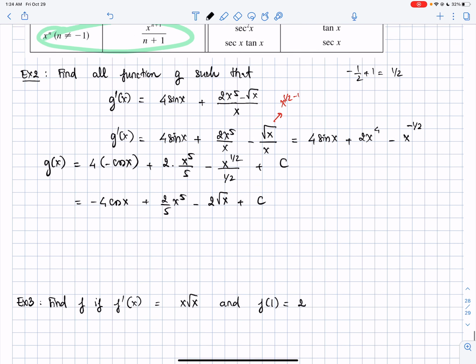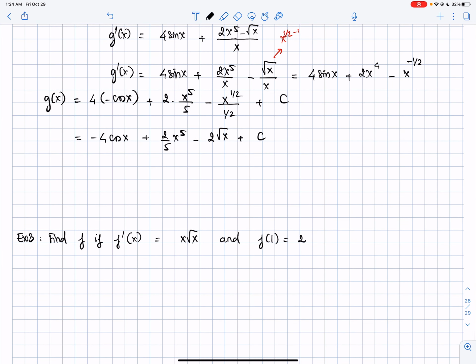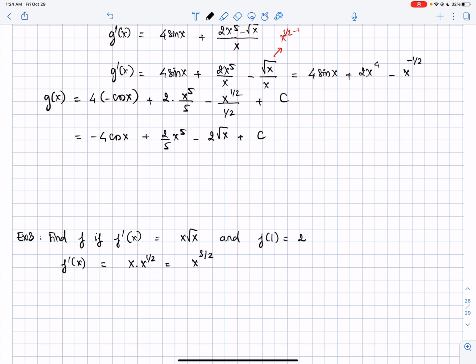In example number 3, similarly, we want to find the function f. Let's rewrite f prime of x as x to the 3 over 2. Then we use the formula: if we have x to the n as the derivative, the antiderivative will be x to the n plus 1 divided by n plus 1.